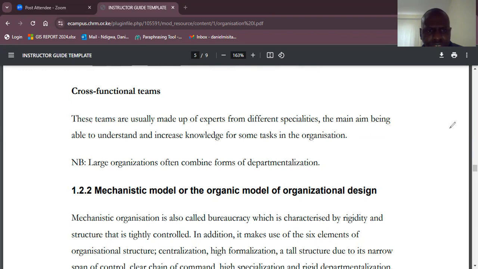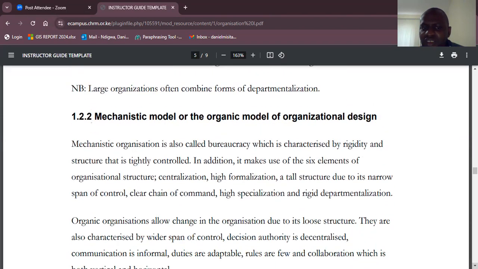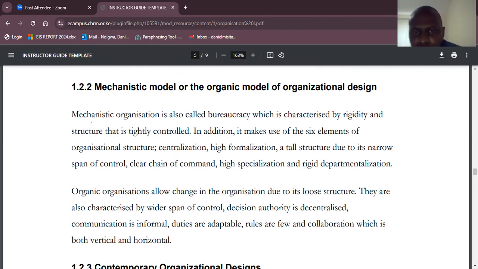The other thing we will talk about today is the mechanistic model, normally contrasted with the organic model. This is also called the bureaucracy model, and it is normally characterized by rigidity and a structure that is tightly controlled.